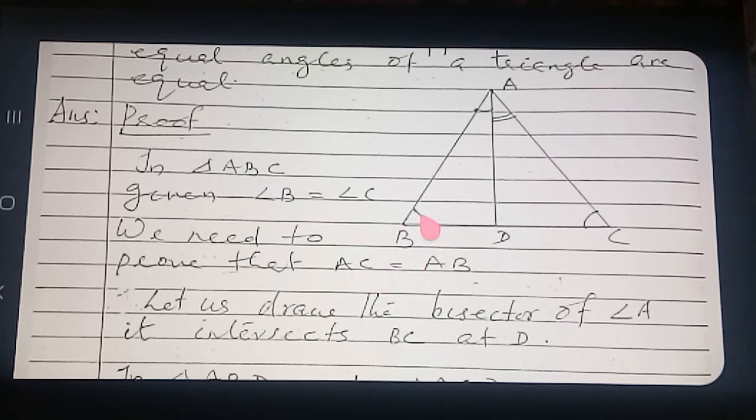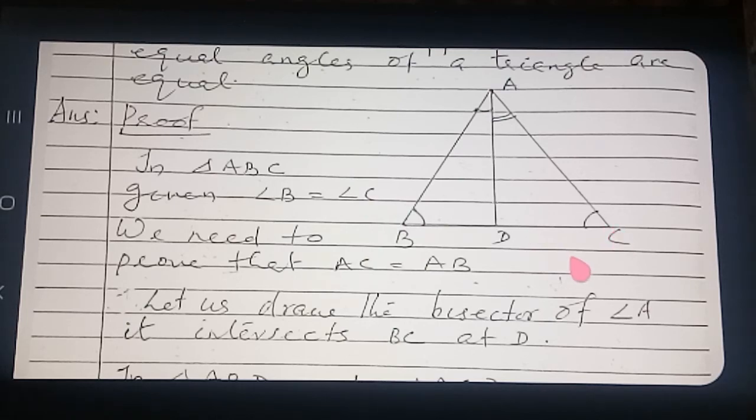Therefore you can apply the angle angle side result, AAS congruence rule. So these two triangles are congruent, no. If these two triangles are congruent, its corresponding parts are equal. So what you can say, AB and AC are equal.